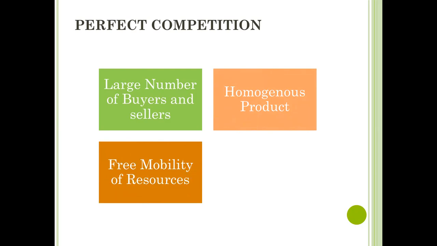This implies the following conditions. What are the conditions? We have three. The first condition is that labor must be mobile geographically and occupationally. The second condition is that inputs are not owned by one owner. And the third condition is that any firm who would like to join the market could do so, or if it decides to leave, it is free to do so.